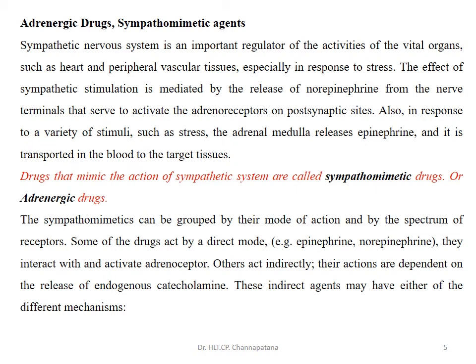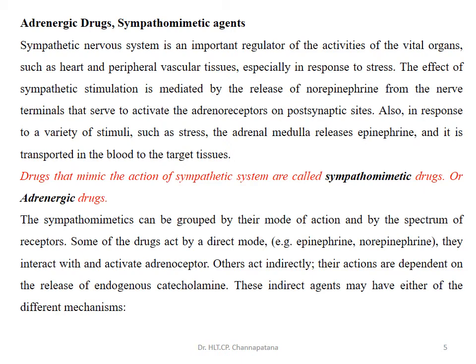If they bind to the alpha 1, alpha 2 or beta 1, beta 2 receptors, similar action is produced by some drugs. Those drugs which show a similar effect, an agonist effect, or mimic the action of the sympathetic system are called sympathomimetic drugs or adrenergic drugs.